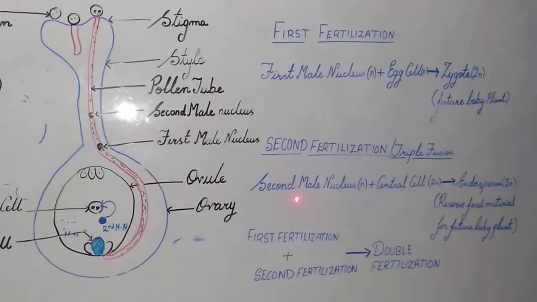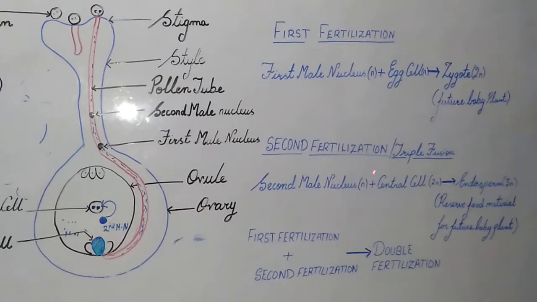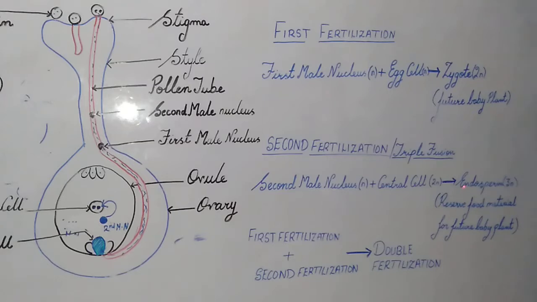See, second male nucleus, haploid, is fusing with central cell, which is already diploid, and the product is an endosperm, triploid, 3N endosperm. And this process is called second fertilization.